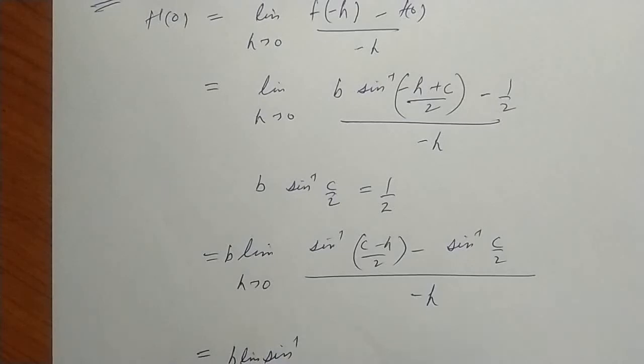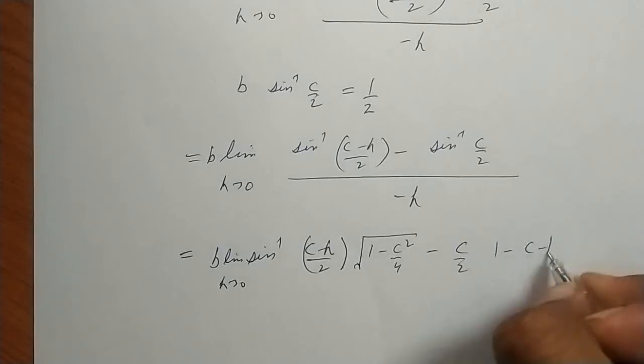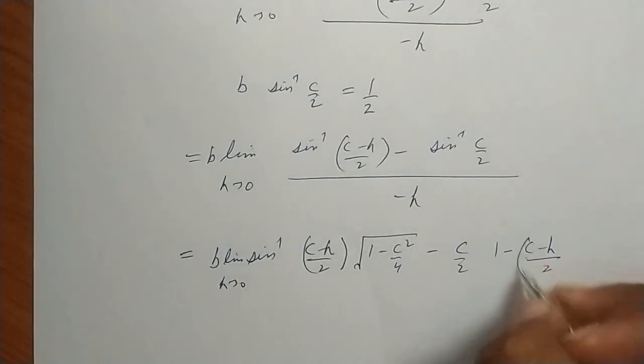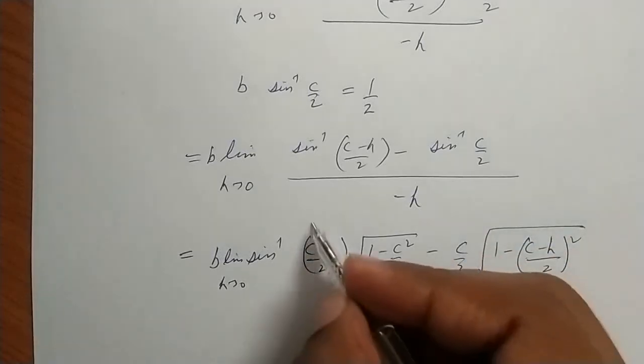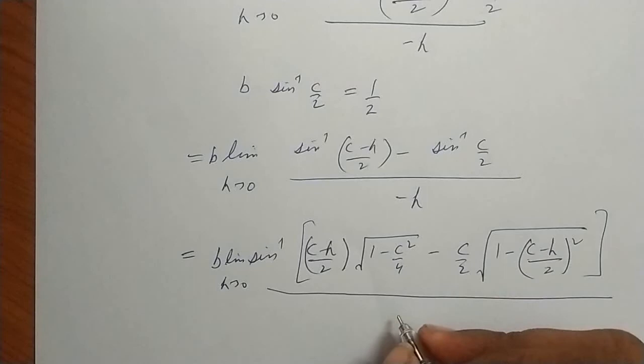Limit h tends to 0, sin inverse of (c minus h by 2 times root of 1 minus c square by 4, minus c by 2 times root of 1 minus (c minus h) by 2 whole square) upon minus h.